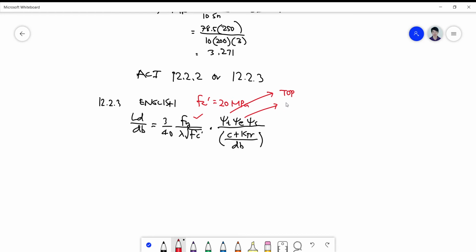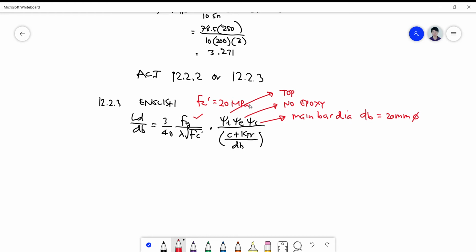Let's assume no epoxy coating. Psi s is for the size. What's the size of our reinforcement? It's 20, the main bar, no? So we're referring to the main bar diameter, which is dB equals 20, tama? Again, this is in millimeter, SI.